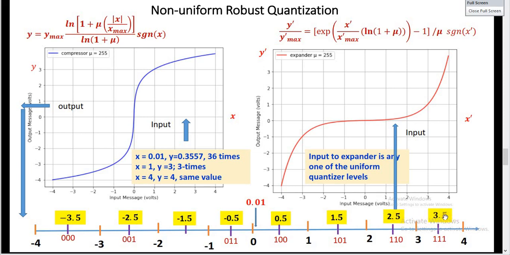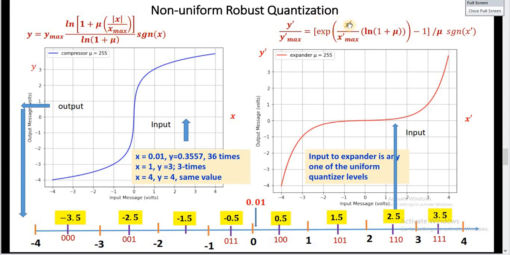At the receiving side, we employ a characteristic which is the inverse of the characteristic that is used at the transmitter. The characteristic at the receiver is y prime divided by y prime maximum equal exponential. We solve the inverse equation.